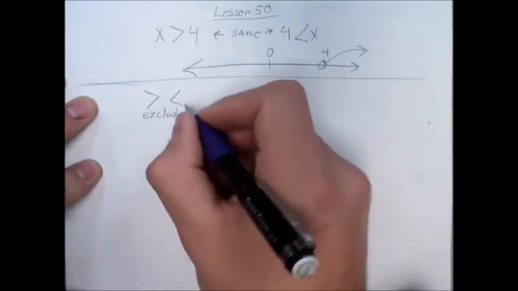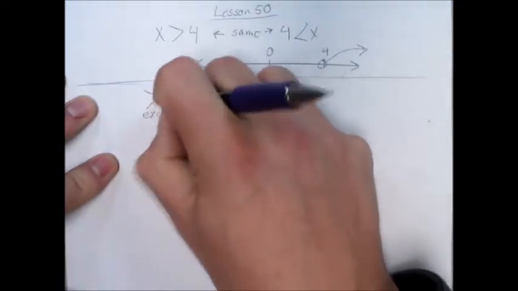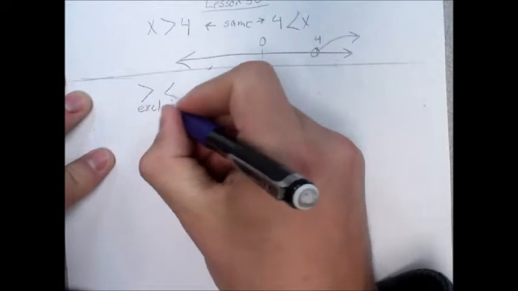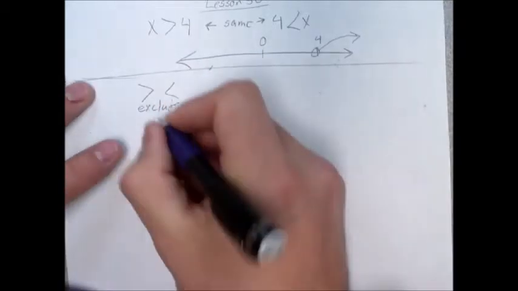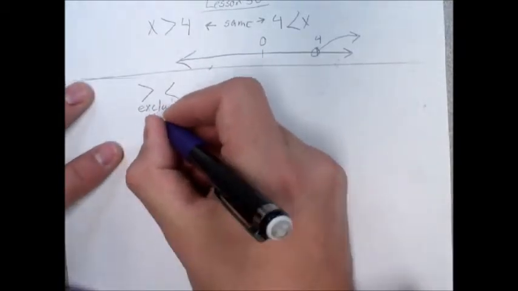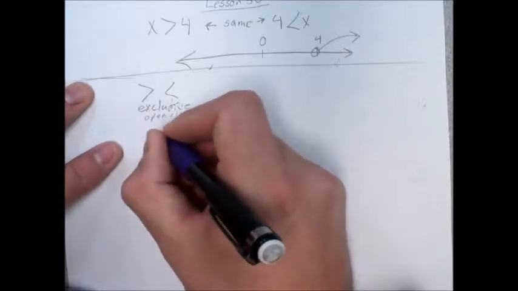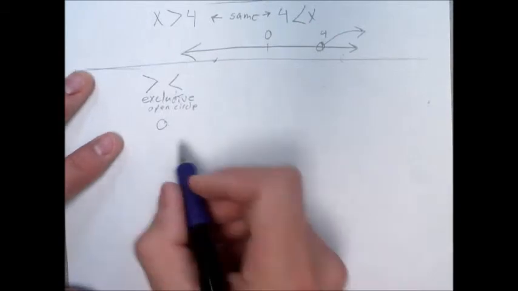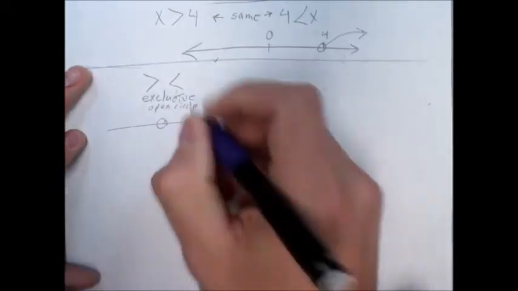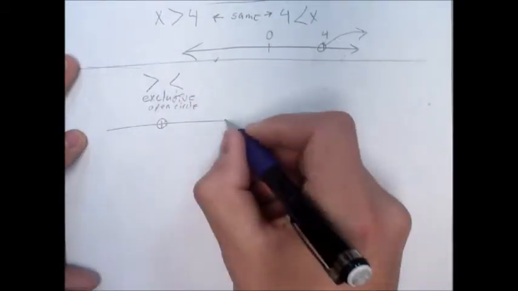So exclusive excludes that. So we're going to use an open circle. It just looks like this. Just an open dot on a number line.